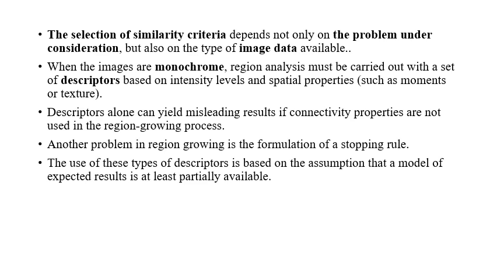One more problem when it comes to region growing is the stopping rule. I keep on growing, but when to stop? So I should have something known as a stopping criteria. This is usually defined when no more pixels satisfy the current criteria for inclusion in that region. Usually the criteria we use will be intensity value: if the intensity value is close by, let me group it into one region.